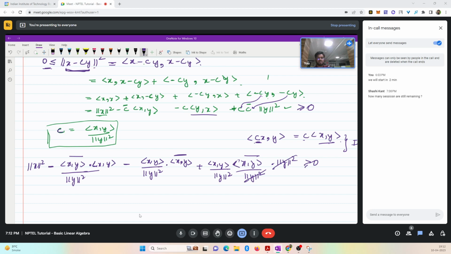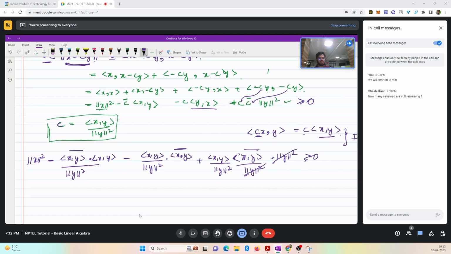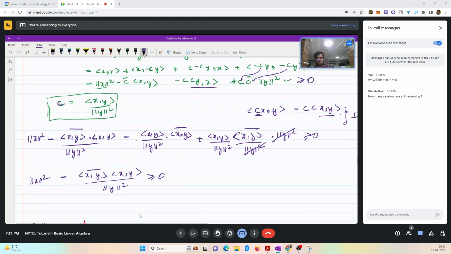अब हम लोग कुछ नहीं कर रहे हैं, हम लोग विल टेक दिस y स्क्वायर टू बी कॉमन. If you see, this is x square, चलो एक एक स्टेप ही करते हैं फ्रेंड. This is -2 plus same thing once added, so this would be xy conjugate into xy divided by y square, this is greater than or equal to 0.